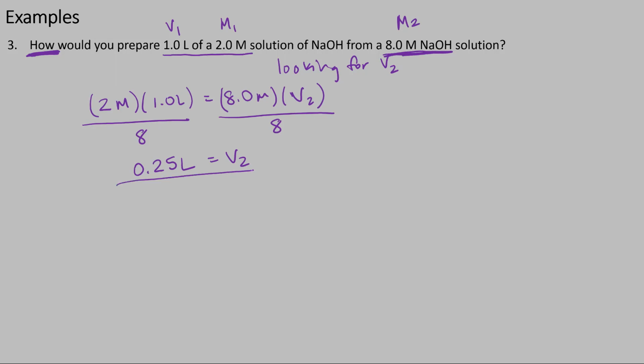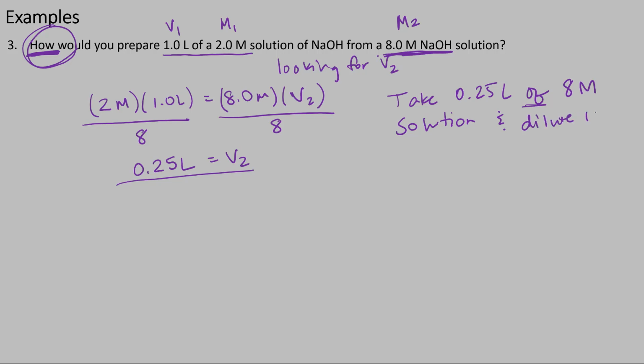So that's just the math side of this question. It says, how would you? So I'm going to take 0.25 liters of 8 molar solution, because M2 and V2 are connected with the word of, and dilute it to a total volume of 1 liter.